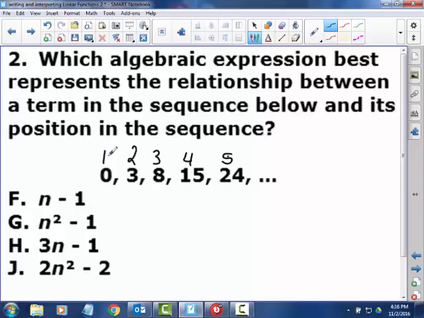Okay, so here what we're saying is our n, right, is going to be the position it's in the sequence, and then how do we get that number, right? Okay, so if I put 1, well, I'm not going to try 1 because, like I said before, if we start at the beginning, those numbers usually work, and sometimes the ones at the end work.